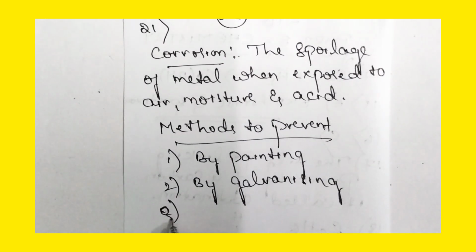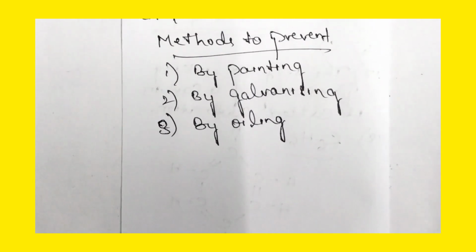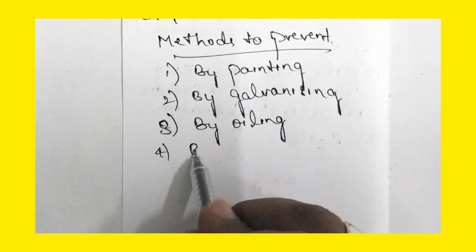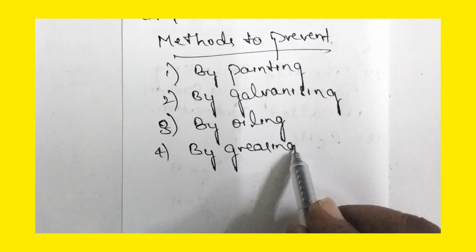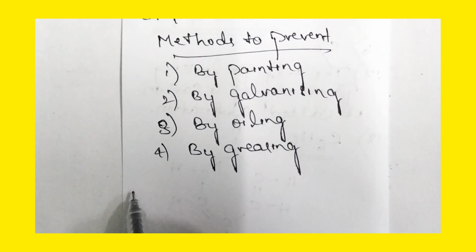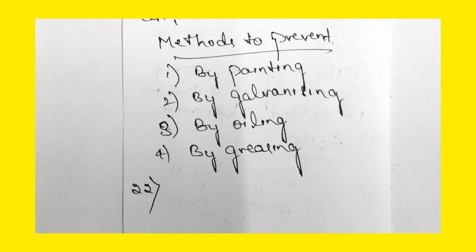Then third one, by oiling. Then by greasing. So we can write so many methods. He asked only two, but I have listed 4. So these are the methods by which we can avoid corrosion.